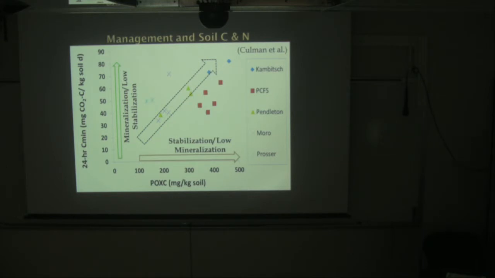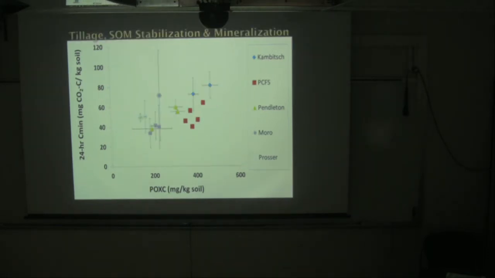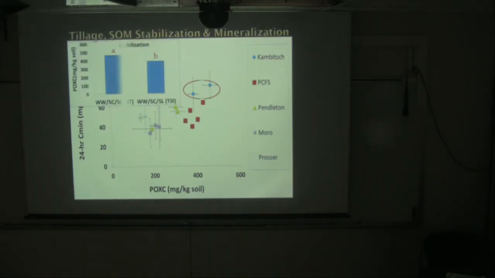So in looking at this closer with regards to tillage and cropping intensity on a site-by-site basis, these are results from Cambridge, where these are tillage comparisons, where no-till has resulted in significantly more POC, representative of stabilization, than till, so that's good.